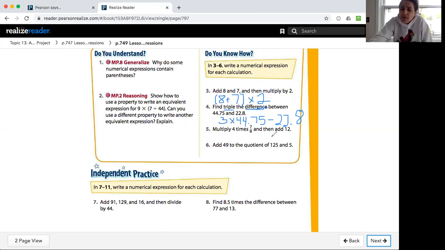But I need to put my parentheses in somewhere, because then I would be doing 3 times 44 and 75 hundredths first. And that's not what this problem is saying. It says we need to find the triple of the difference of this answer. So that means we need to put parentheses around the subtraction first. So they subtract this first and then triple the difference of this number. Okay, so hopefully doing a couple of those problems with you will help you.